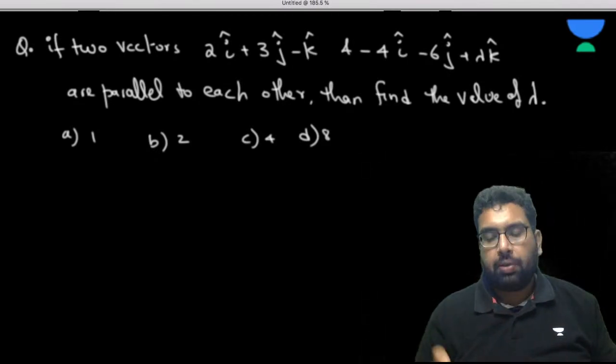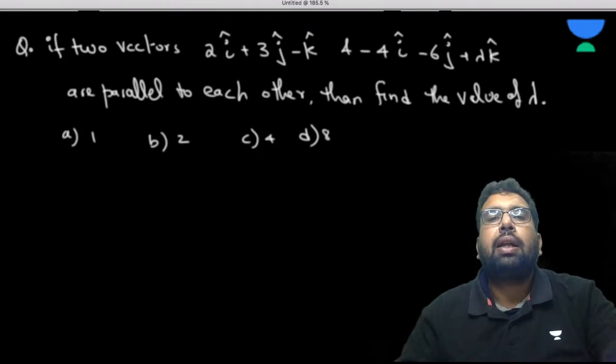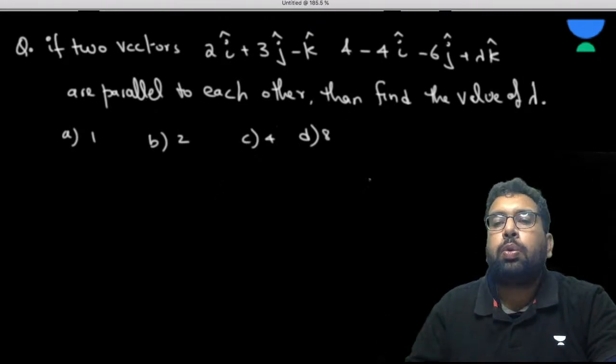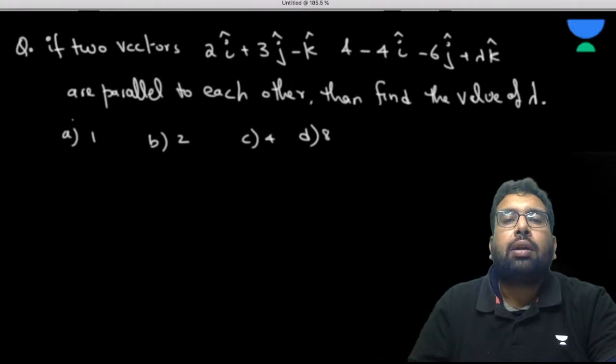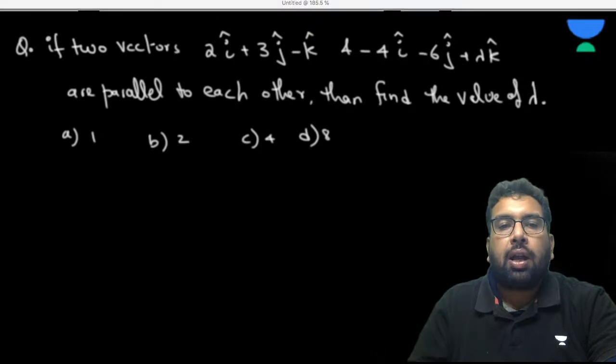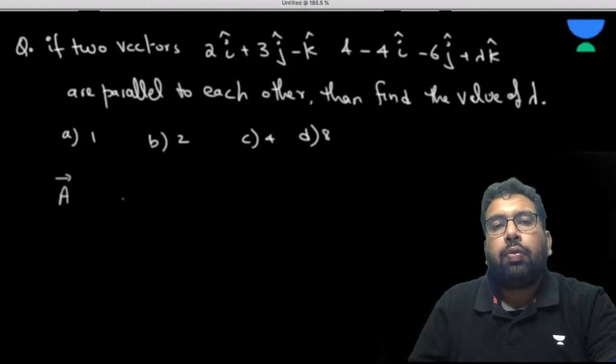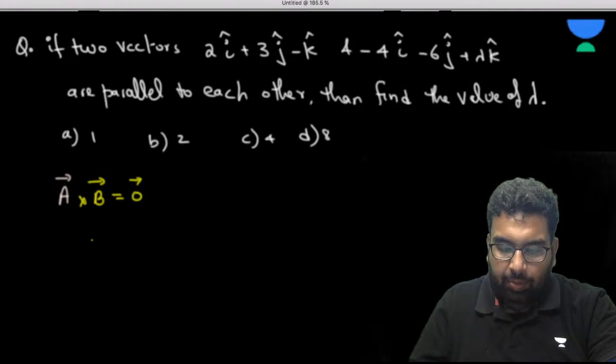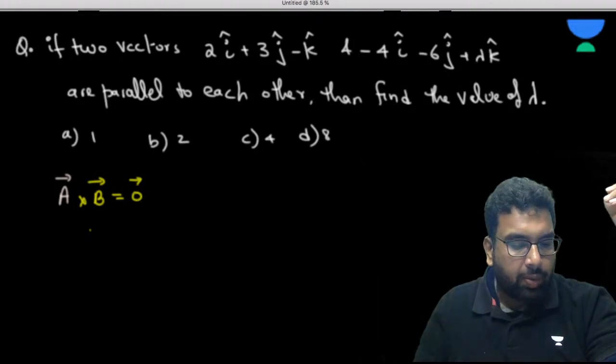No, beta, something is missed. Now please understand this. It says the two vectors are parallel to each other. So when two vectors are parallel to each other, what is going to happen? Let's suppose this is vector A, this is vector B. If vector A and vector B are parallel to each other, their cross product must be a zero vector.